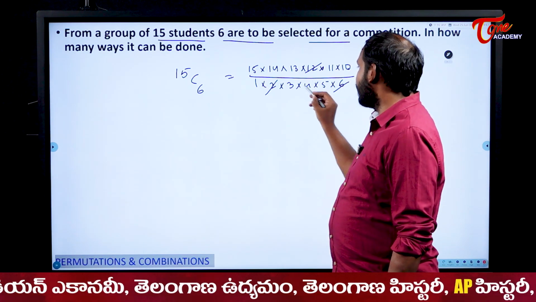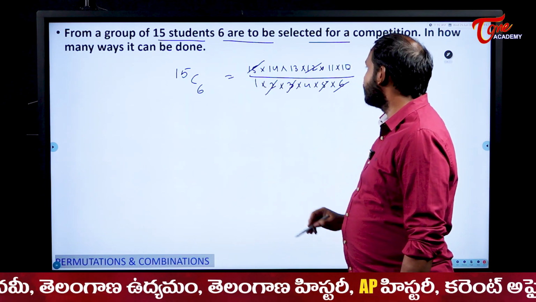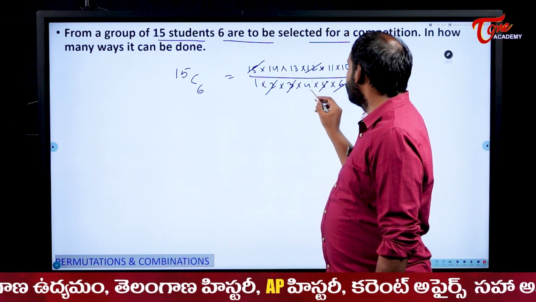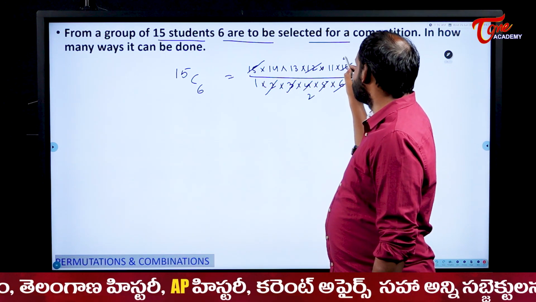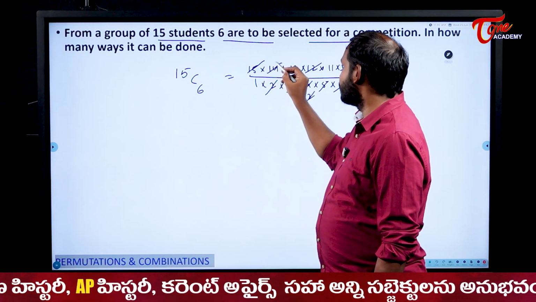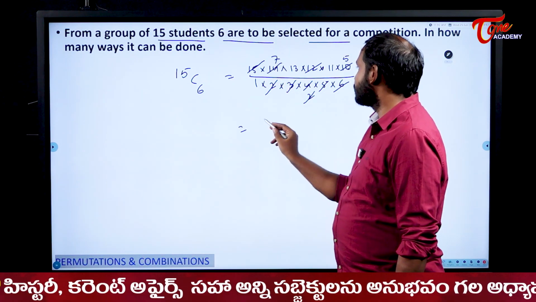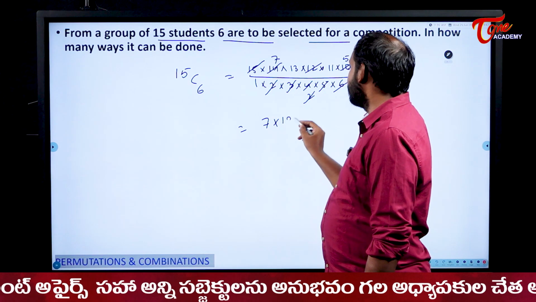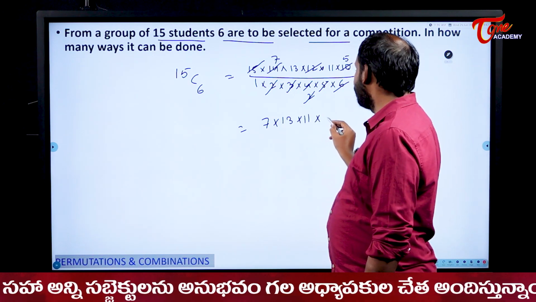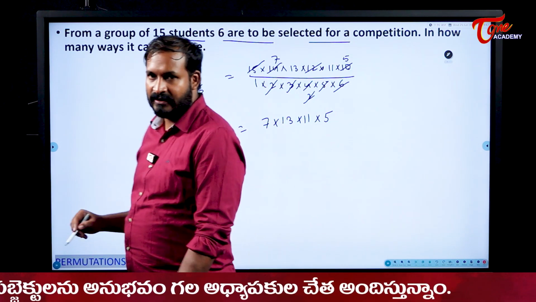Next 5 3s are 15, 15 gets cancelled. Next 2 2s are 4, 2 5s are 10. Next 2 1s are 2, 2 7s are 14. So at last what I was left here, 7 into 13 into 11 into 5.